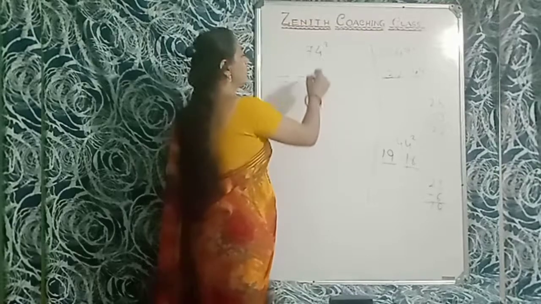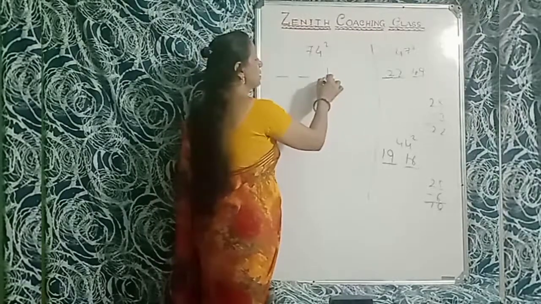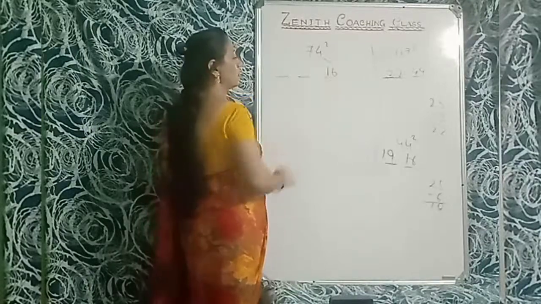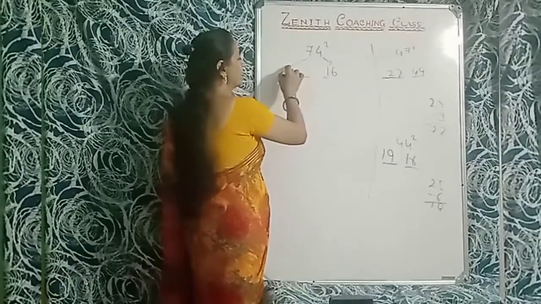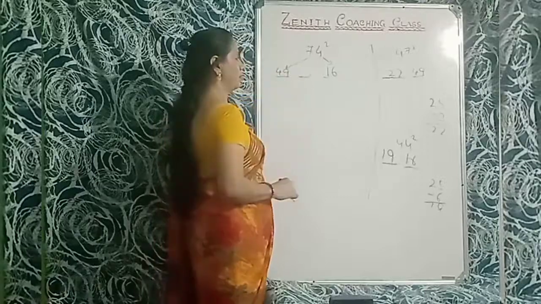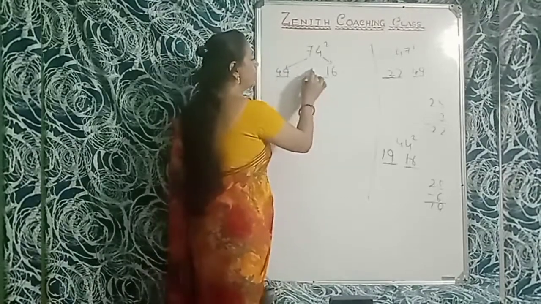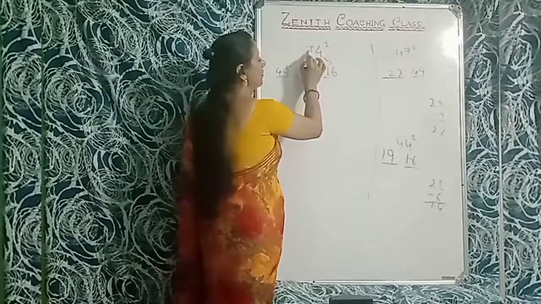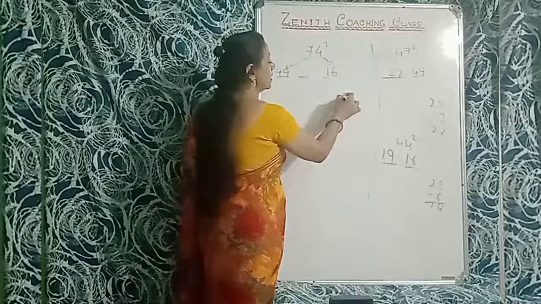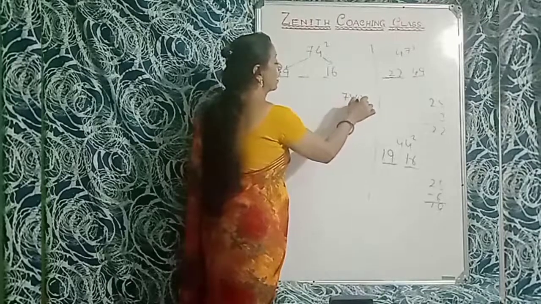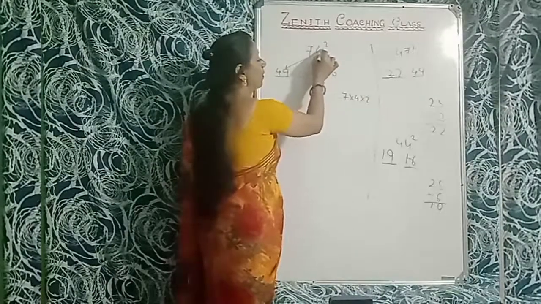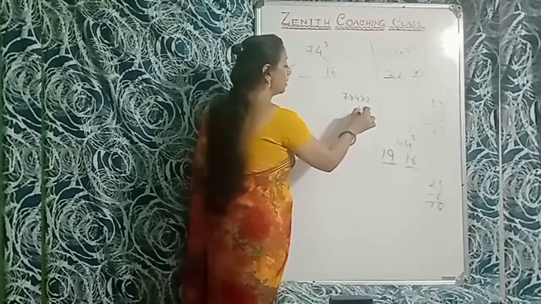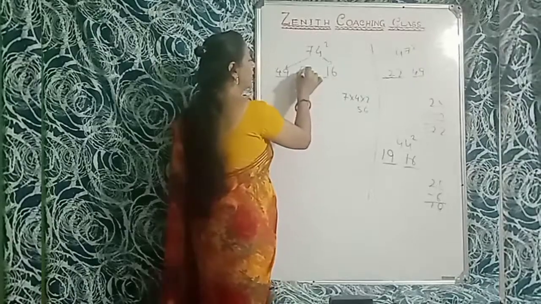First, you have to write 4 square, that is 16. Here is 7 square, that is 49. Then what you will write in the middle? That is 7 multiplied by 4 multiplied by 2. 7 times 4 is 28. 28 times 2 is 56. So here you will write 56.